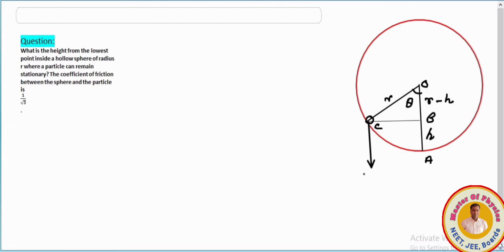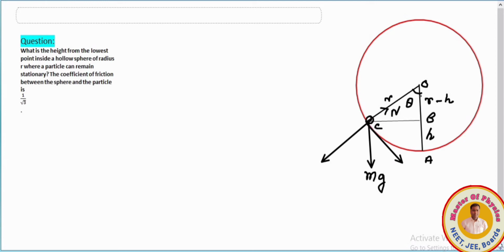The surface gives a reaction, that is the normal reaction, capital N. Now we resolve the weight into two components, one along the radius and the other along the tangent.